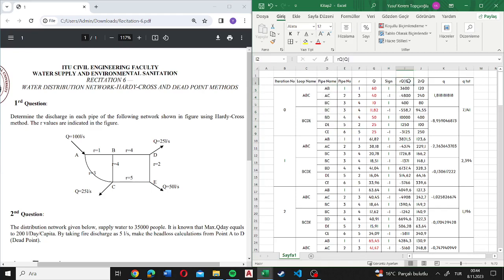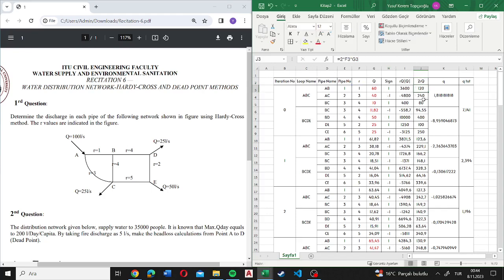The RQQ value is R times Q squared multiplied by the +1 because of the sign, like this. And if we don't have a sign, the RQ value is like this.